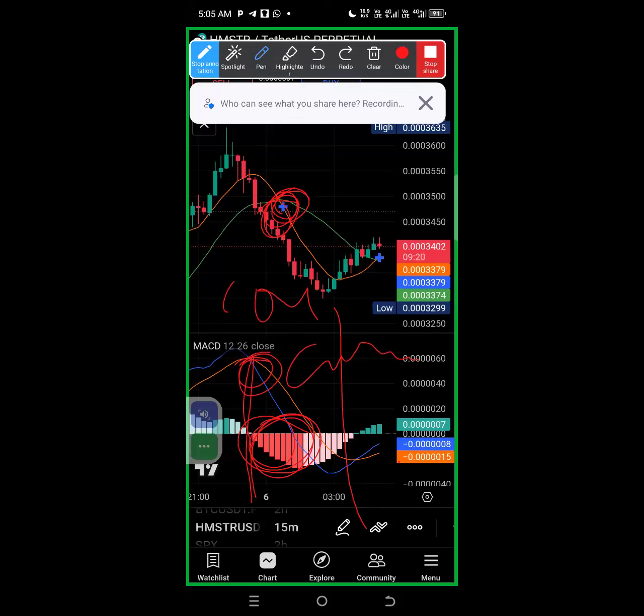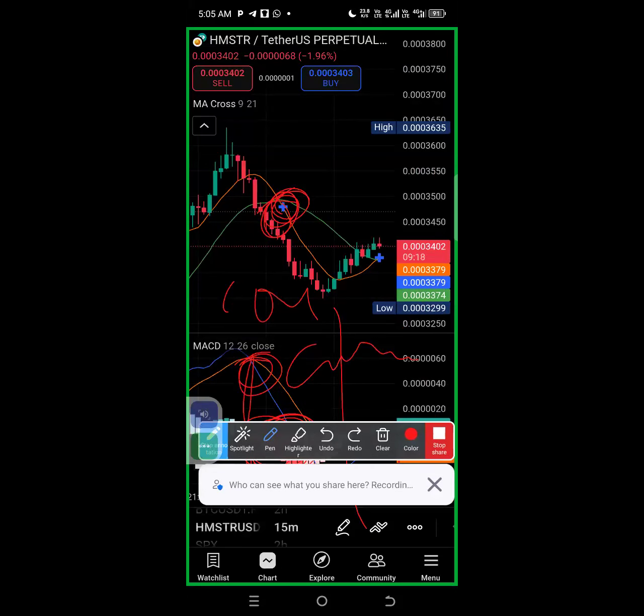I don't know if you get it. So when it comes to combining the MACD, first understand that the MACD is giving you the momentum, that is more confidence in the trade and in the market, and the moving average is giving you the trend. The trend is not enough.